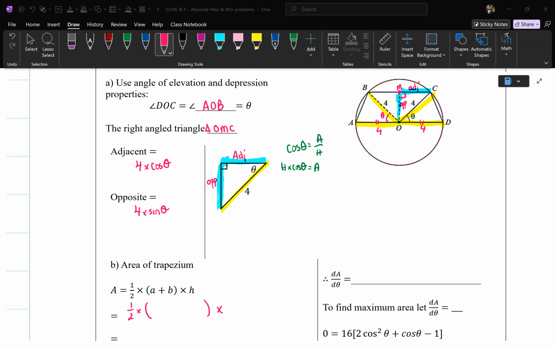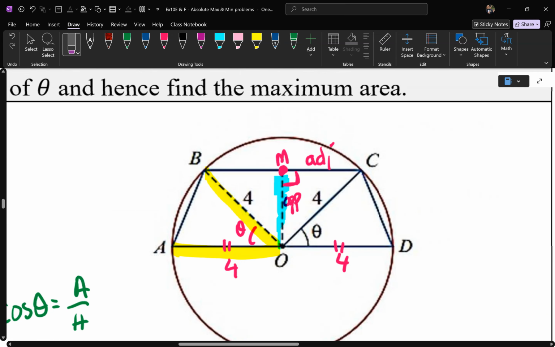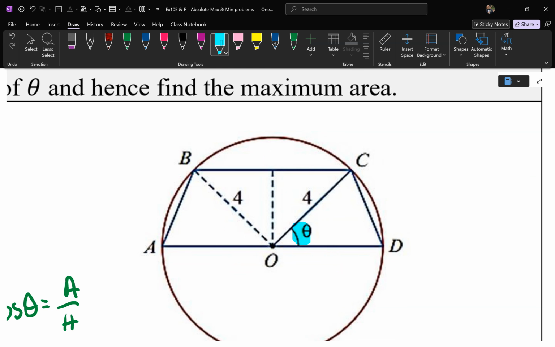Answers. Did we at least understand the first bit? First bit where the angle, let's just rub all these annotations off. We can say that this angle is going to be symmetrical because they're both hypotenuse of 4. So you can see radius 4, radius 4.